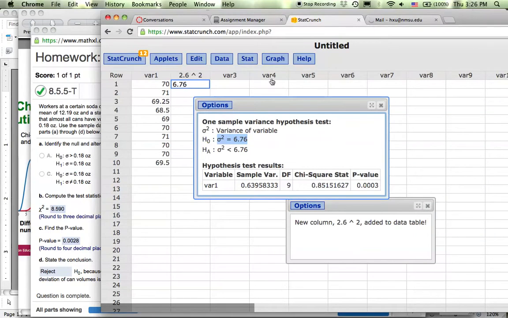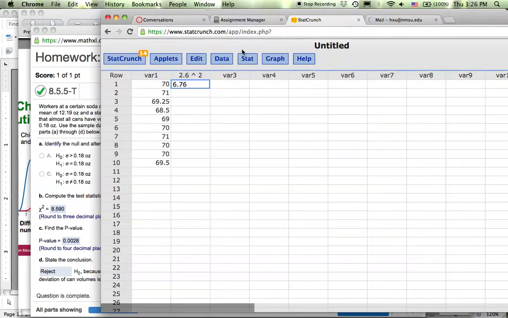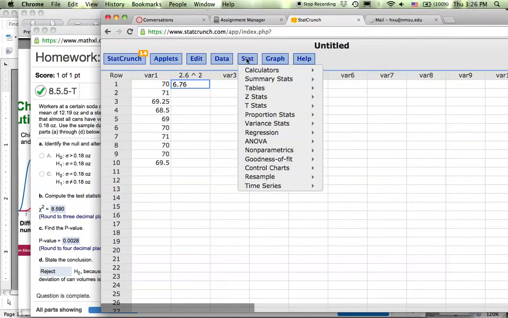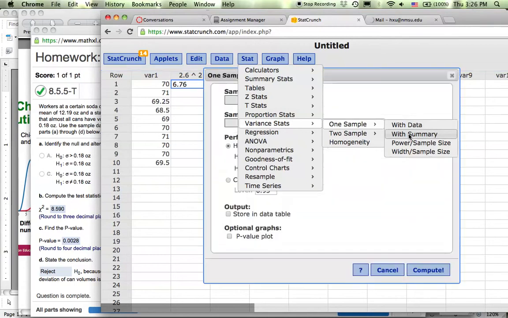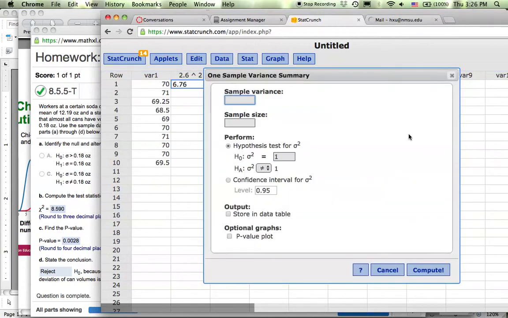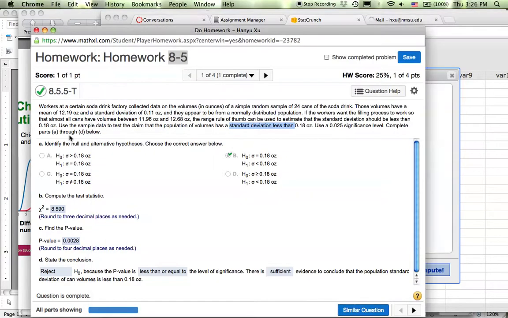So in StatCrunch, if you go to stat, variance stats, one sample, this time with summary, because we only have the summary data. But for this one, it asks what is the sample variance? We only have the sample standard deviation, 0.11.